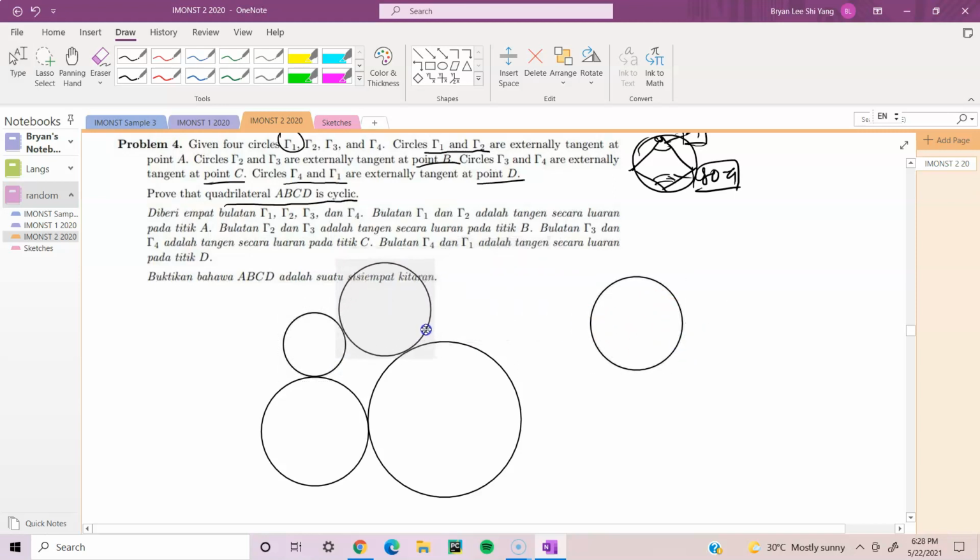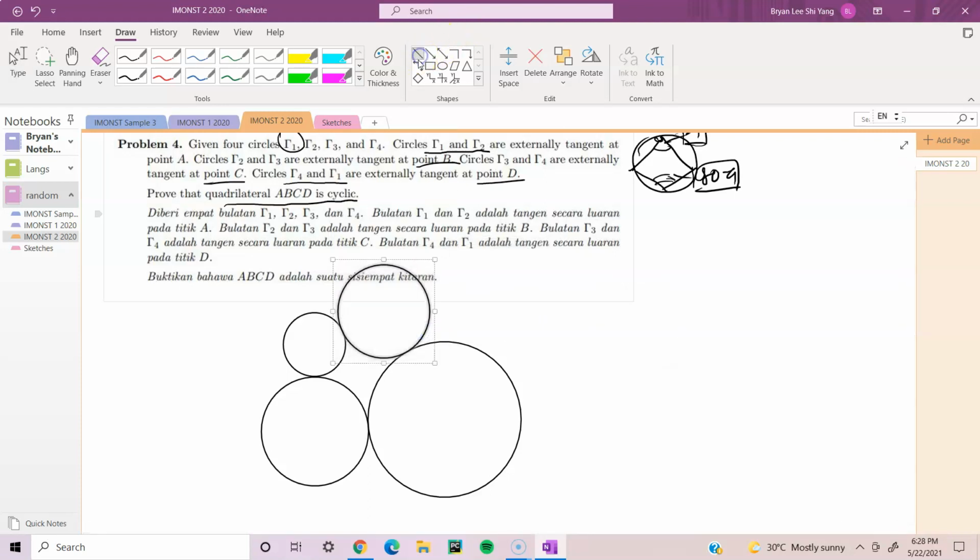These are all four of our circles, and then from their centers. Okay, this is the center. This one is a bit hard.